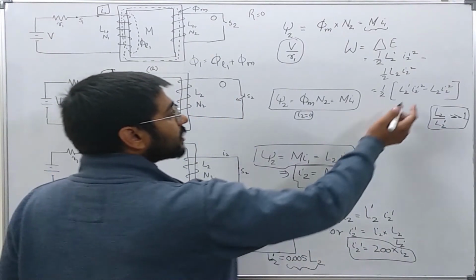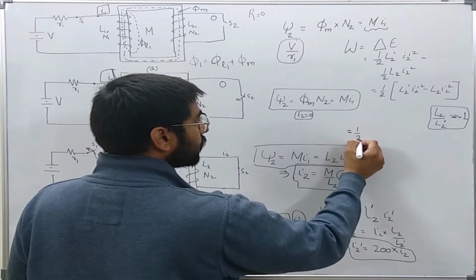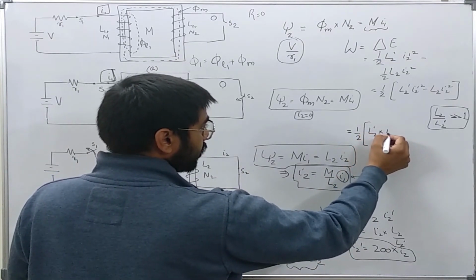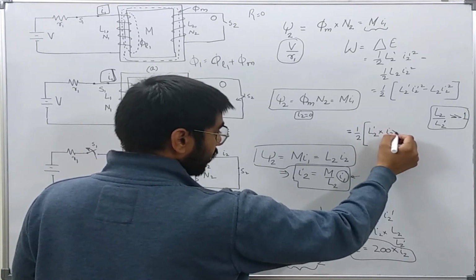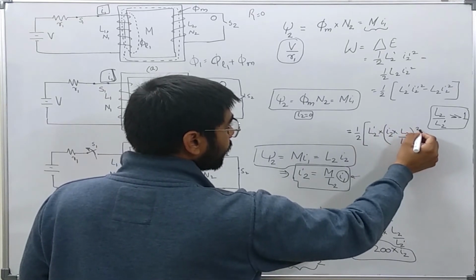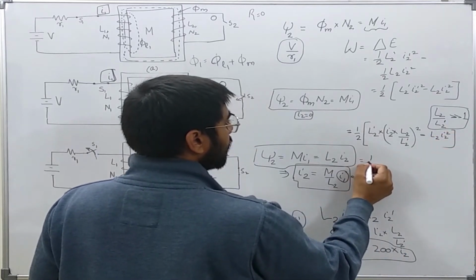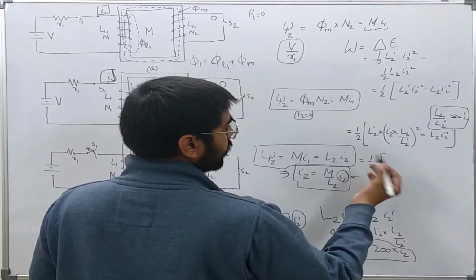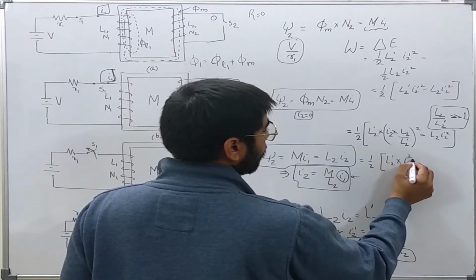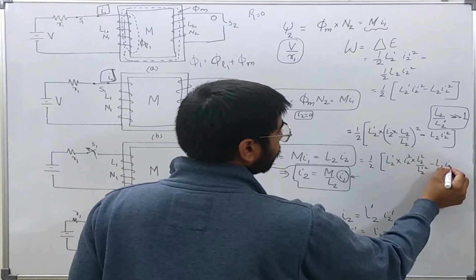Okay, so let us put the values here first. Half L2 dash into I2 squared into L2 squared over L2 dash squared minus L2 I2 squared.